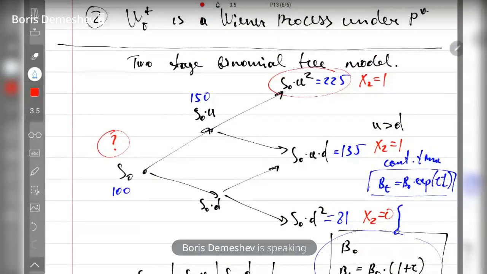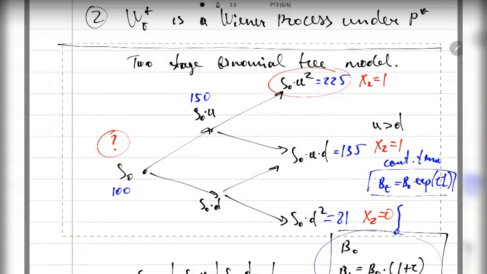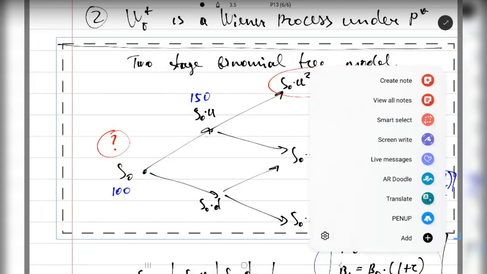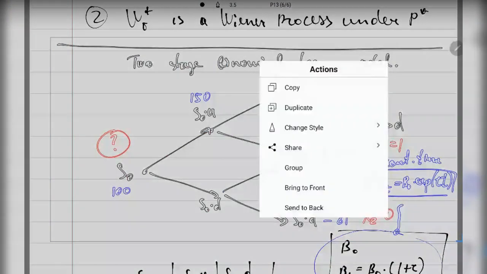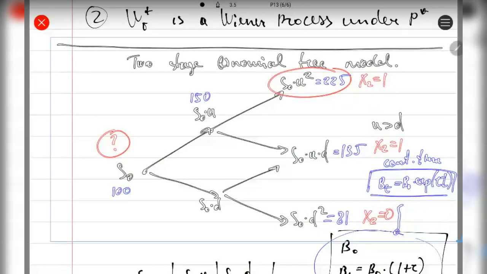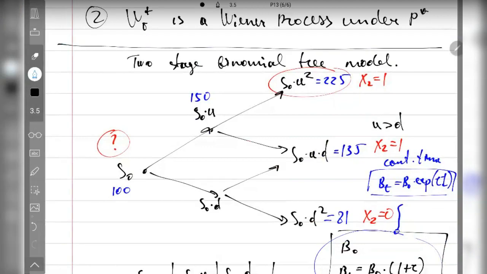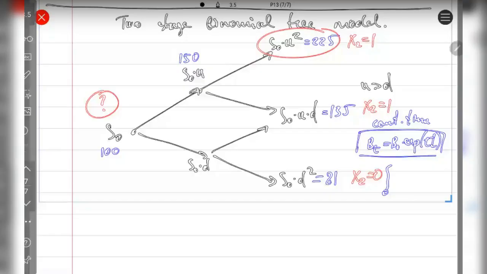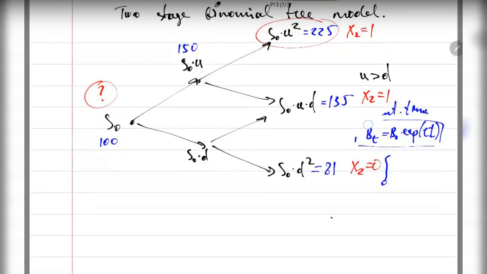Okay, so let's find this black magic P star and let's calculate x0. I will copy my tree on the next page, and then we will get everything.